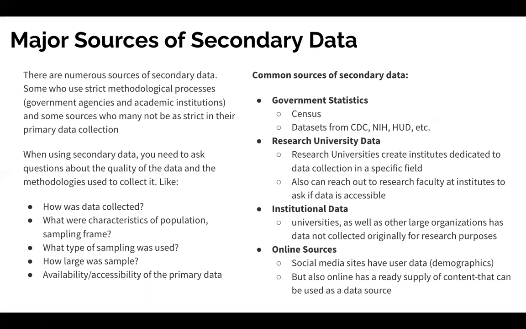But really, almost all websites just have a ready supply of content that can be used as a data source. Especially if you start thinking about it from a content analysis standpoint, a research method design we haven't discussed yet. This is when you're analyzing content itself, like people's tweets, or you're analyzing headlines of online articles related to a topic, right?